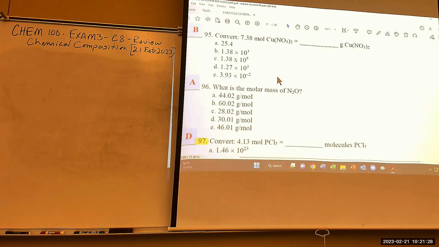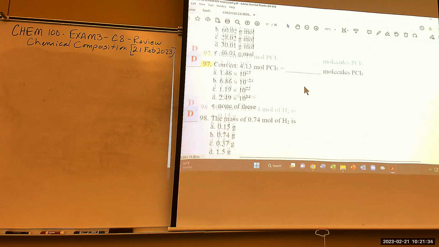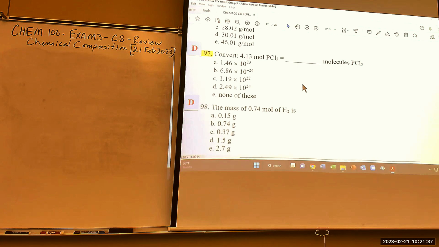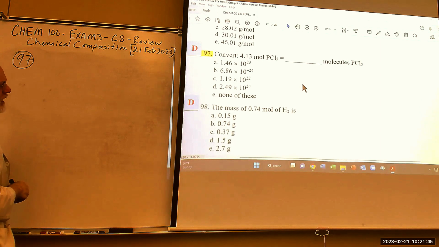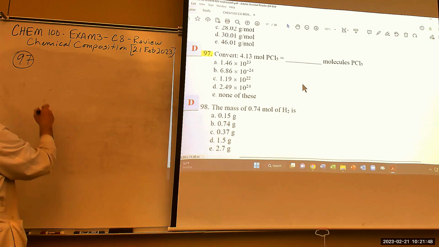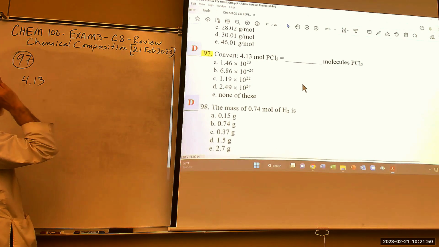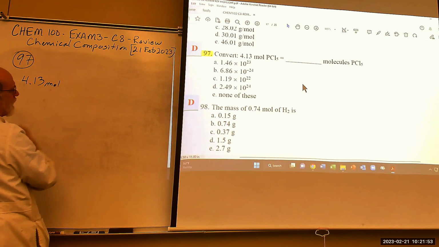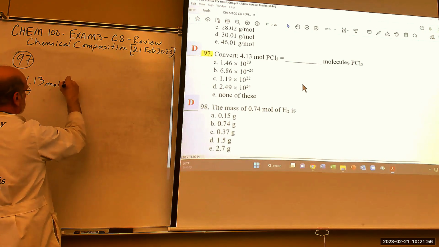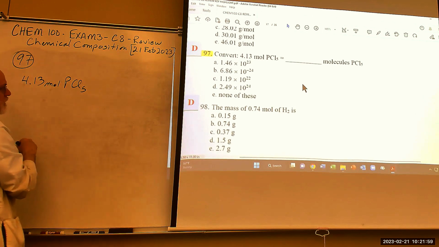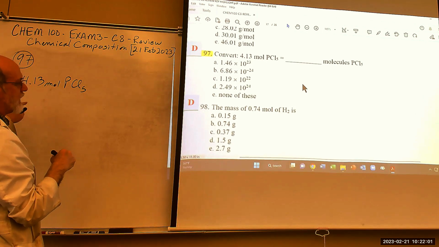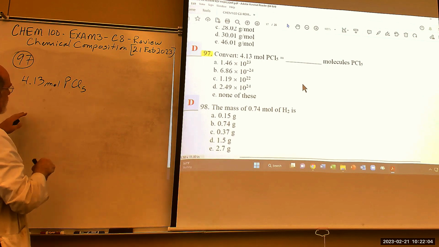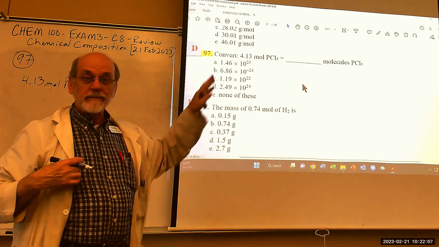All right, scroll time. 97. Convert 4.13 moles into molecules of PCl5. This seems repetitious. It's not like me to do that, but it is what it is. If you've got that many moles of PCl5, how many molecules do you have? This is one of those cases where it doesn't matter.